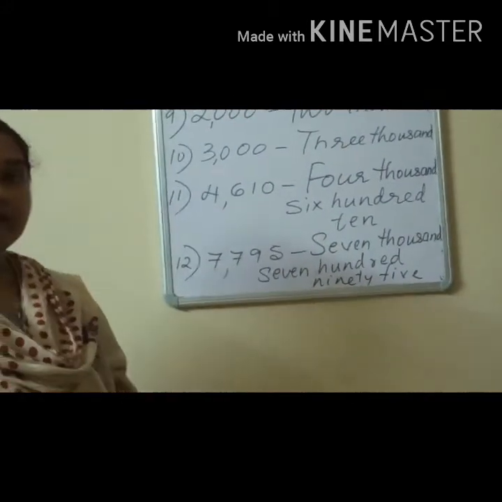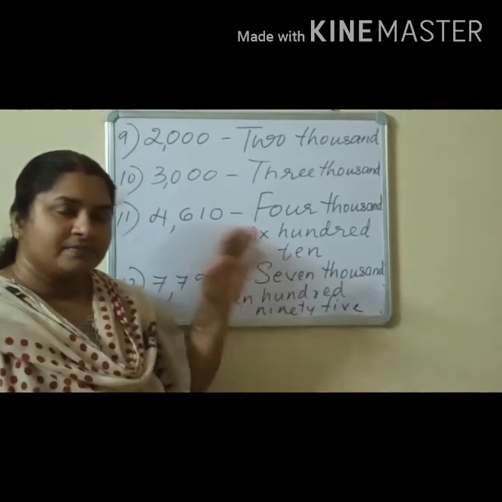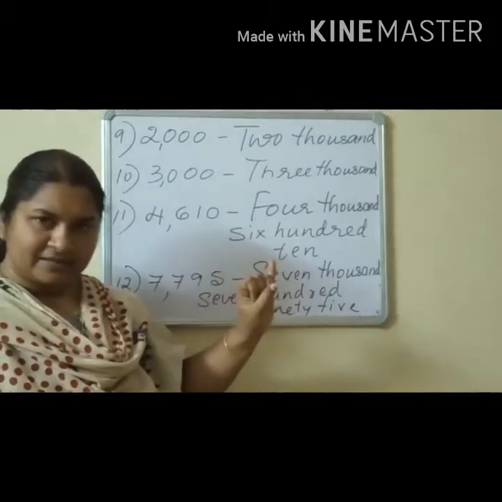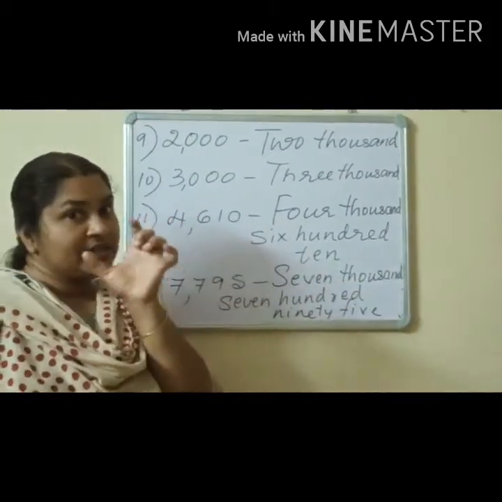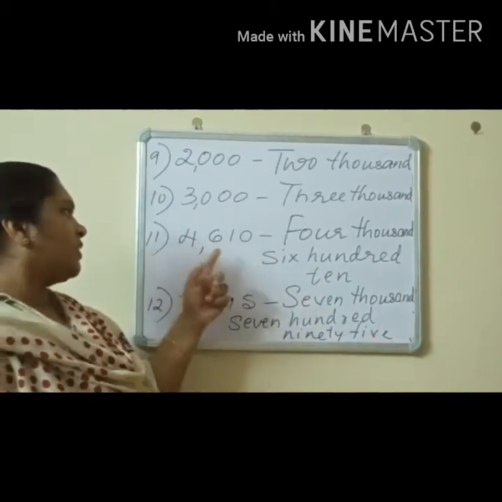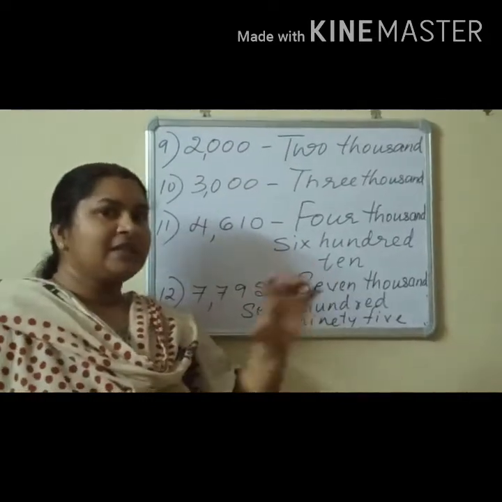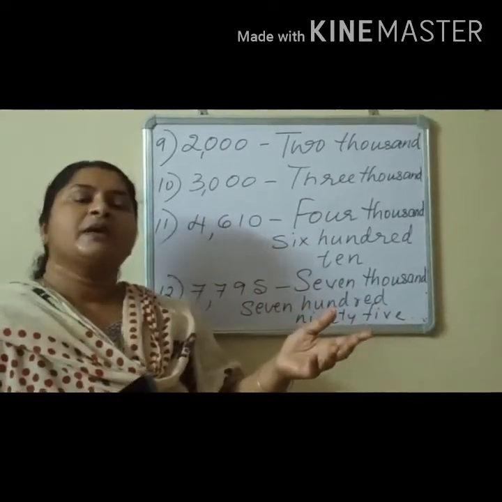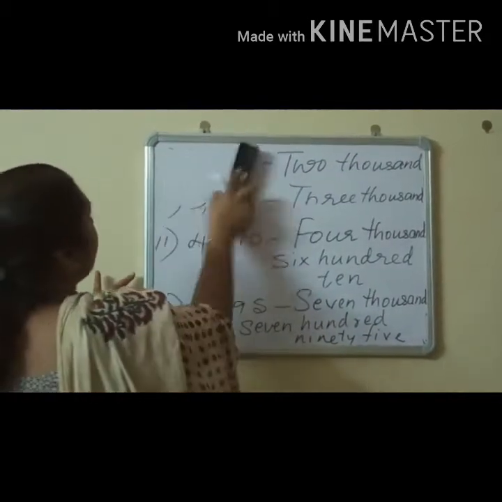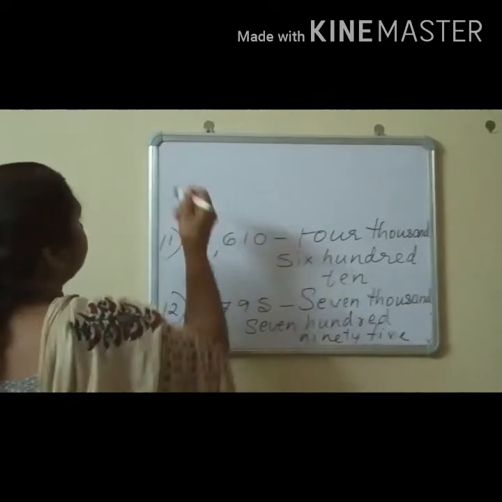Is it clear, children, how to write the number in word form? Yes, first put the commas. Then we have to identify who is in the thousands place. That 4 thousand, simply you write 4000. And what we have in the last part, that together we write. And 2 more numbers I'll show you.